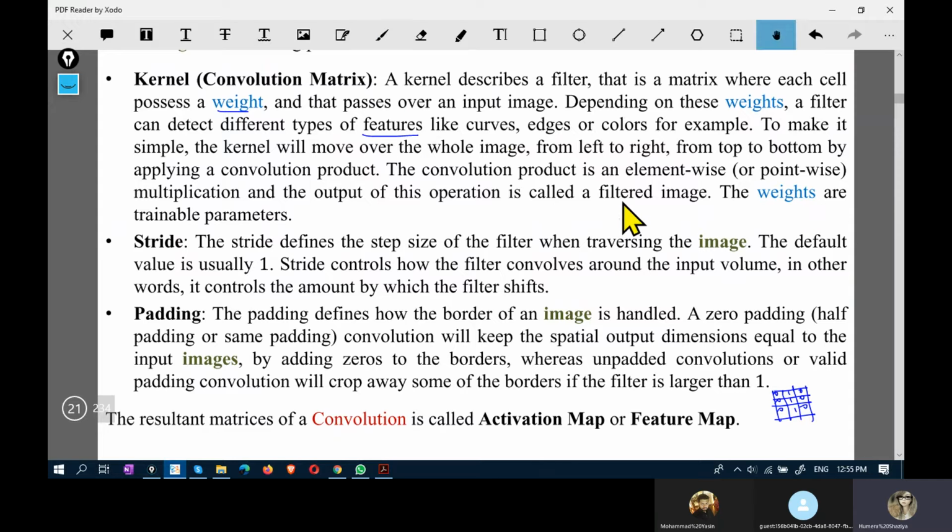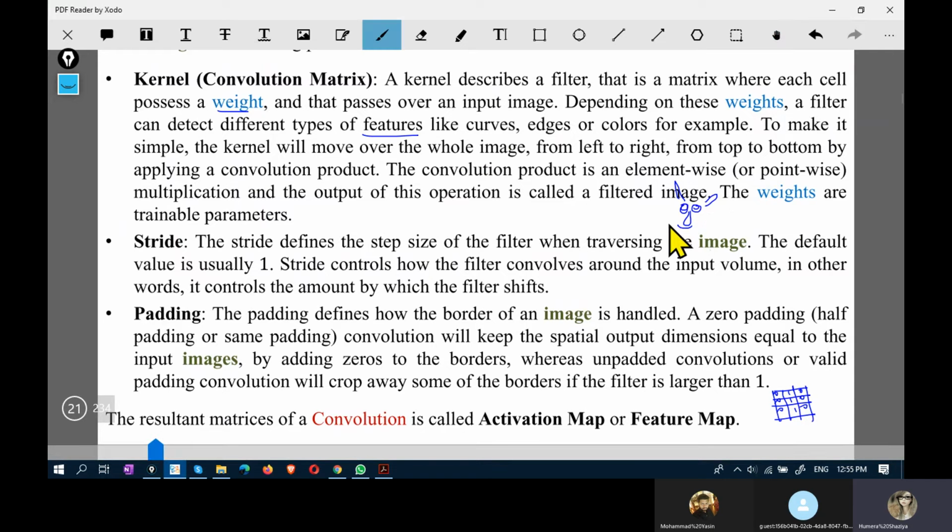What are the features? If you consider the image of a dog, you can see that there are some circles like eyes, and there are some colors for these eyes. There are some edges. There are some other shapes like triangles or polygons, or you can see oval shape.